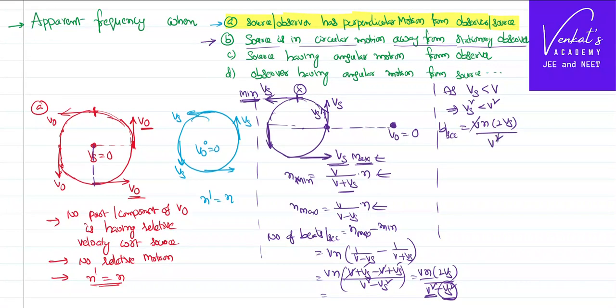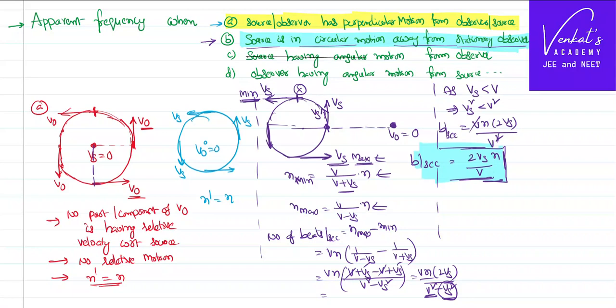This v can be cancelled. So beats generated per second in that case is 2vs into n by v. We have done this in the previous video also, in some other format, but anyway, the equation is the same. That's the second case.